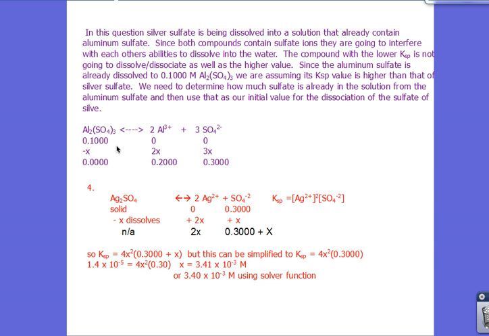This is just me trying to make sure I know how much sulfate is in there. Honestly, I would have gone sulfate: there's 3 of them in the compound, it's 0.1 molar for the compound, 3 times 0.1 is 0.3 for the sulfate. That's the initial value of sulfate, which is going to impede this silver sulfate's dissolution. So I went through the same process.